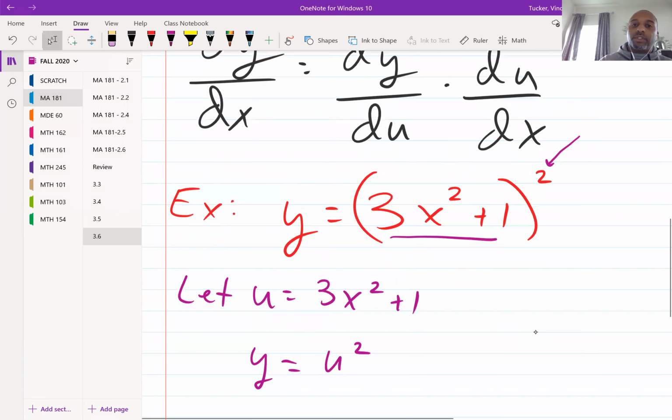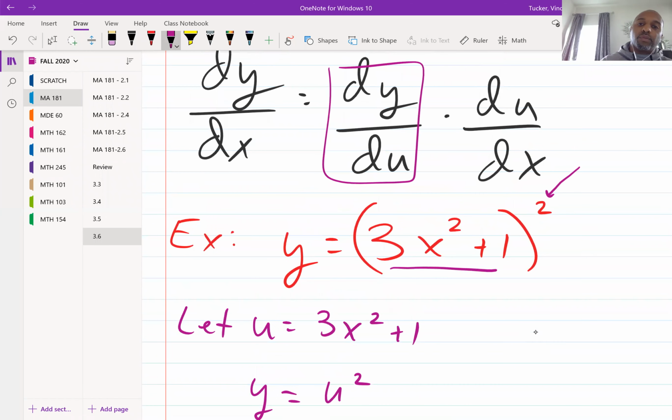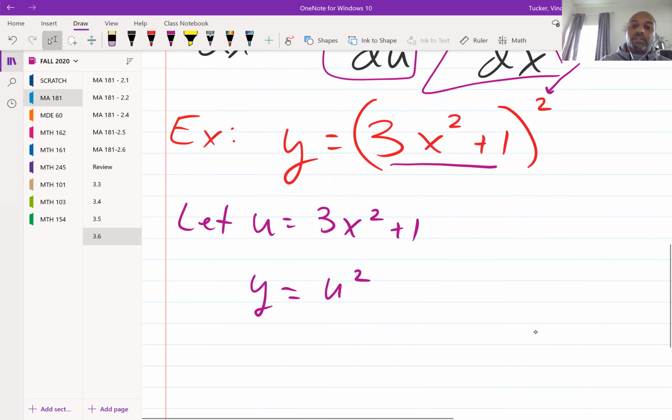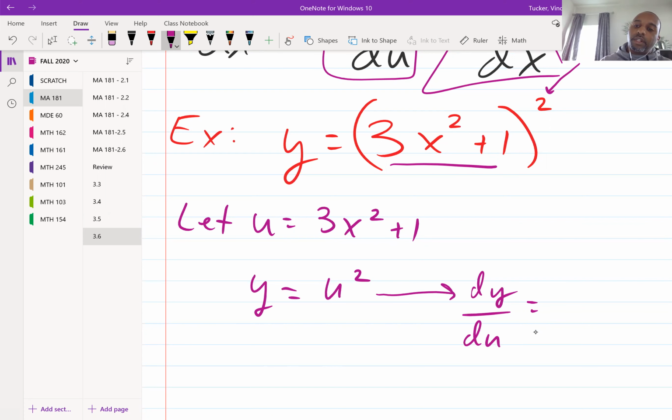So now notice there are two parts here. We want to take the derivative of y with respect to u, and then the derivative of u with respect to x. So if I do dy du, I will bring the 2 down, subtract 1 from your exponent, so that's just 2u.